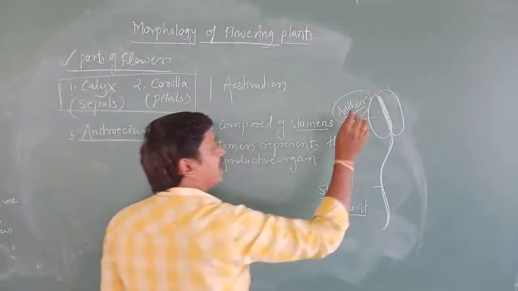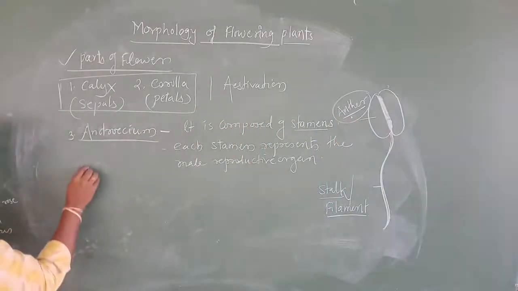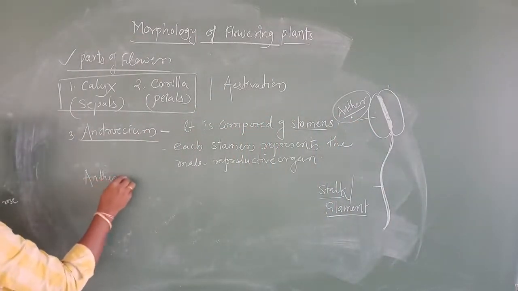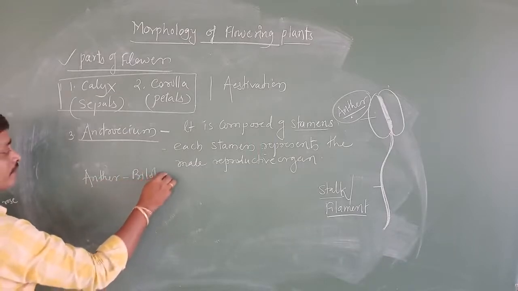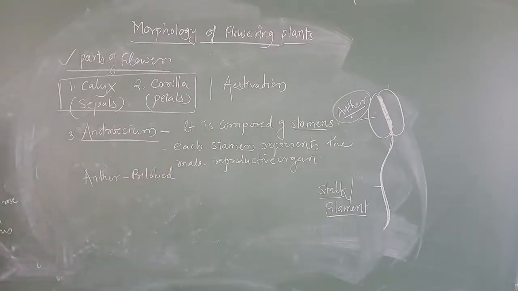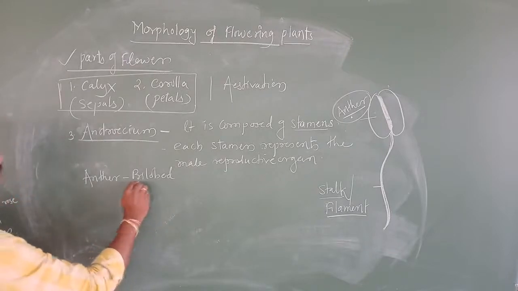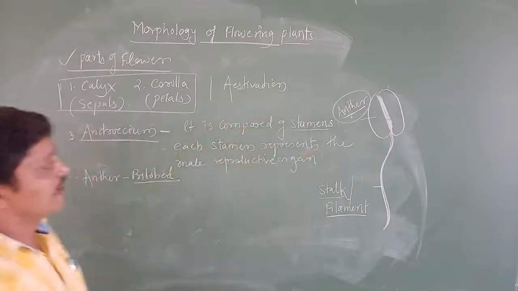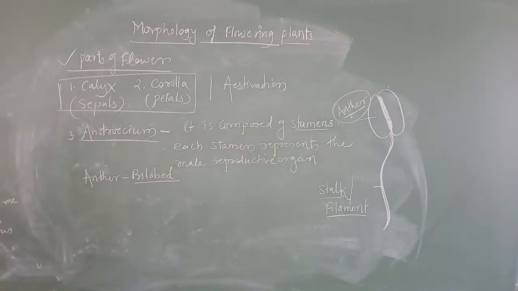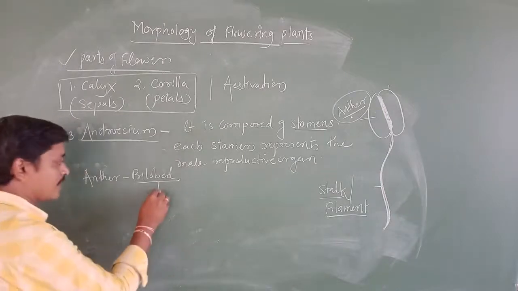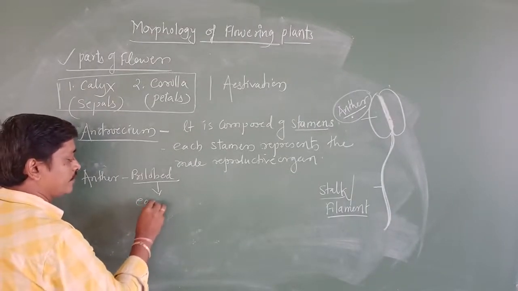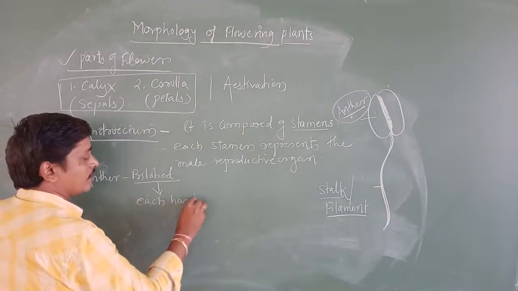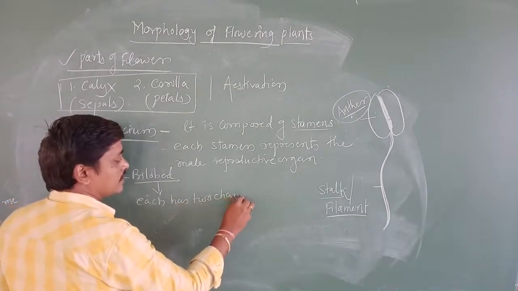Usually the anther is bilobed. All anthers are basically bilobed, and each lobe has two chambers.